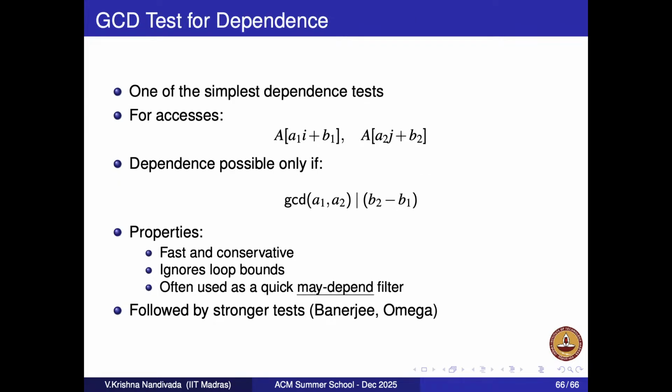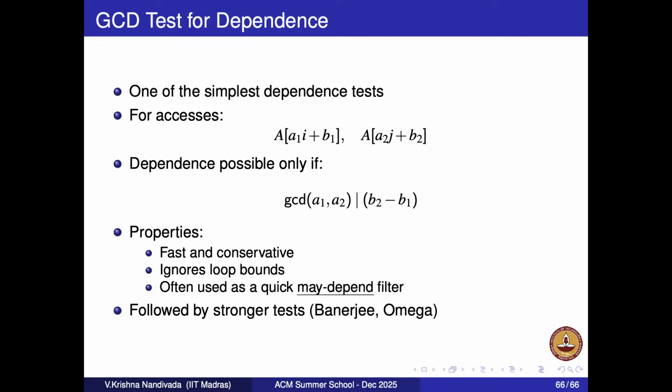Okay. So here is a very simple dependence test. It's called a GCD test. It says dependence is possible only if GCD of A1 A2, GCD stands for greatest common divisor, GCD A1 A2 divides B2 minus B1.